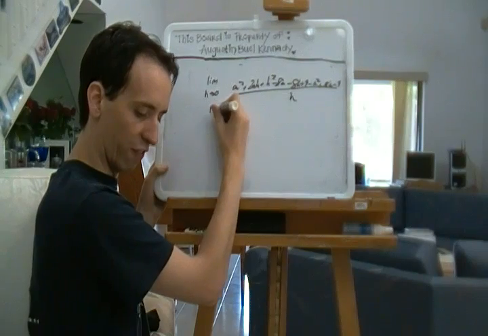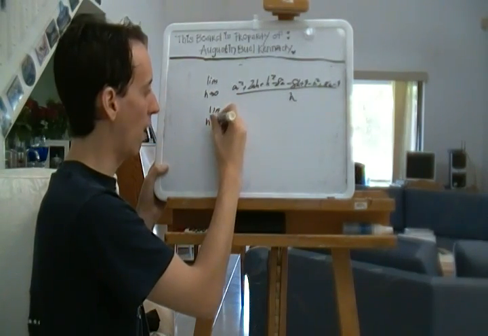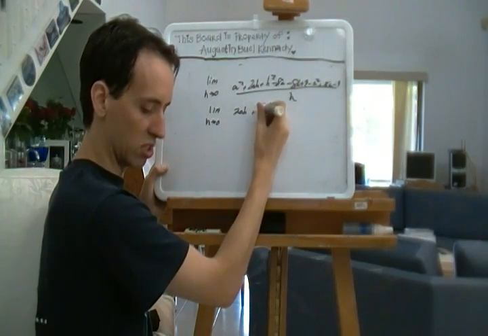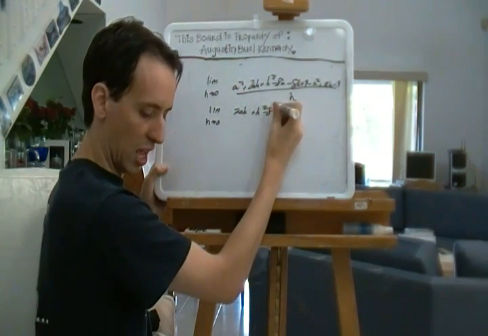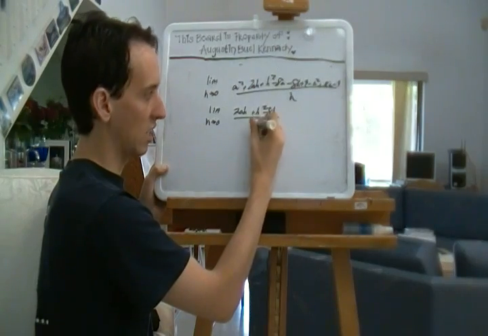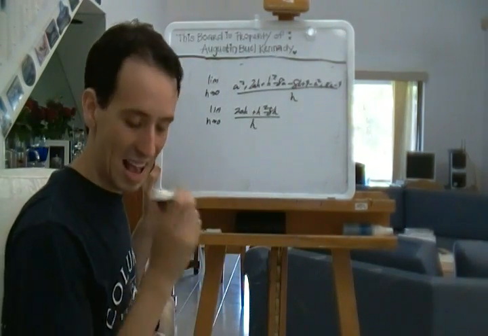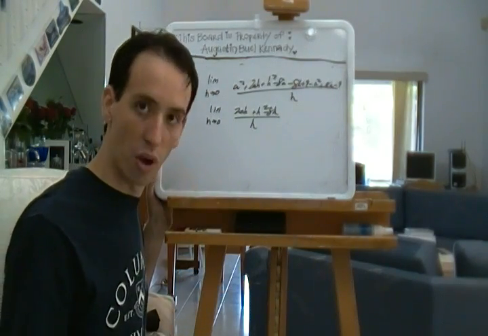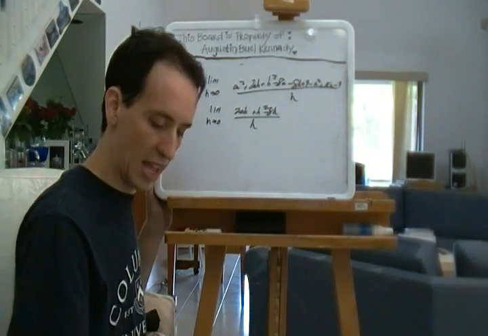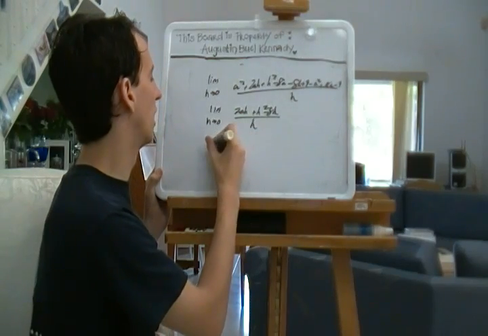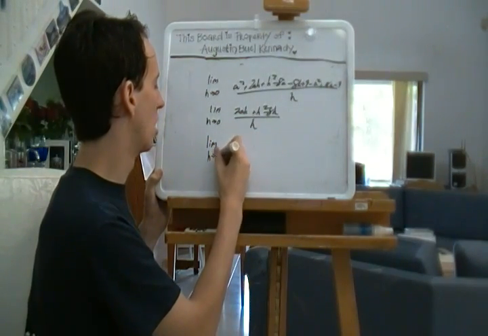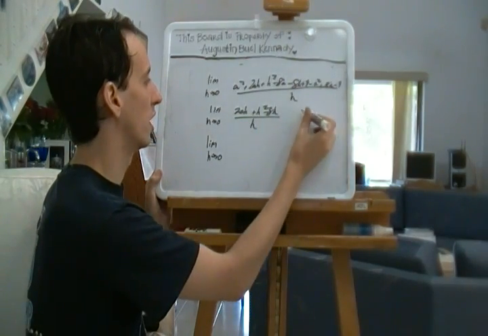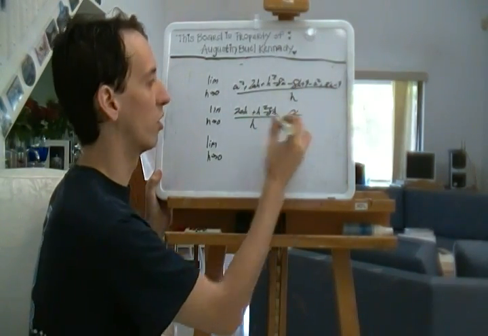And then you're going to find out that a whole bunch of things drop out, and you're going to get 2ah plus h squared minus 8h over h. But remember here, we ask as the limit goes towards 0. We can't use direct substitution here, or else we're going to get 0 over 0.